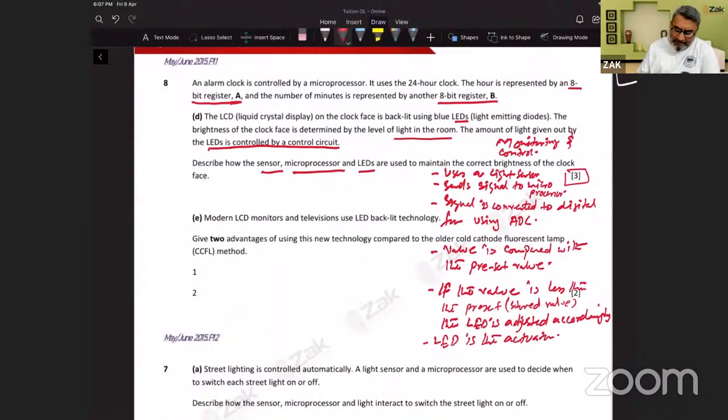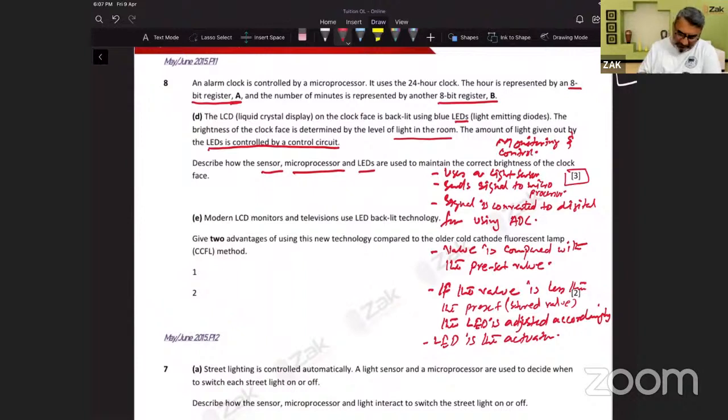Modern LCD monitors and televisions use LED backlit technology. Give two advantages. हमने ये पढ़ा था कि it doesn't appear slowly. It does not get warmed up. Rather, it just shows the brightness right away.